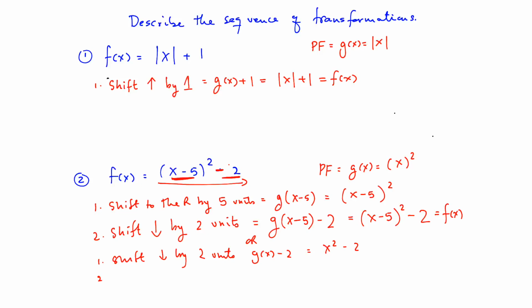And then I could shift it to the right by 5 units. That would mean you get g of (x minus 5) minus 2, which would be (x minus 5) squared minus 2, which is what f of x is.